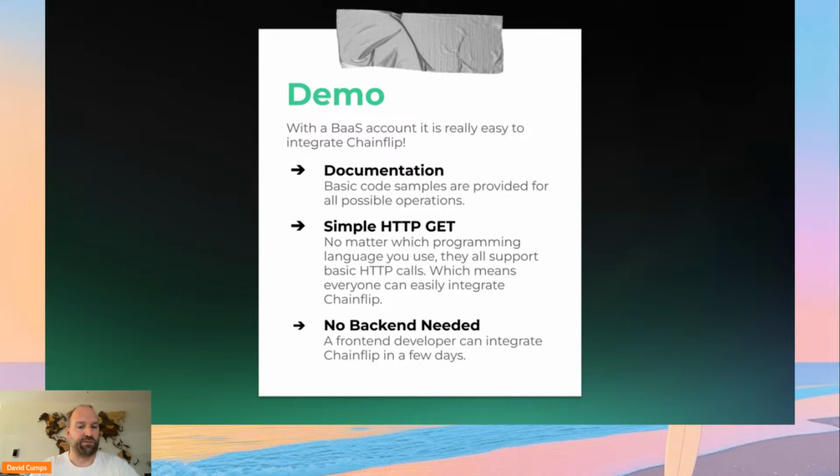The nice part as well is you don't need a backend, so you don't need to run an API. You can hire a front-end developer, or if you are one yourself, you can integrate Chainflip in a few days by just making some HTTP calls.